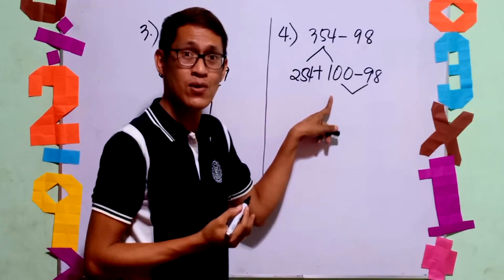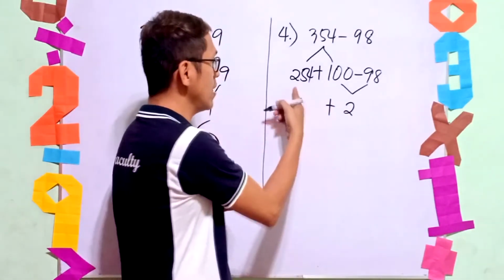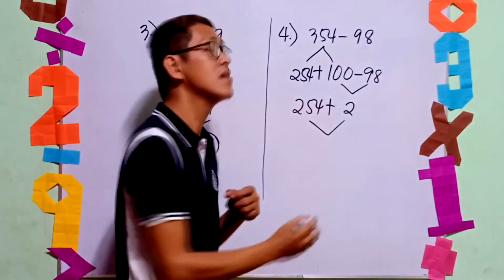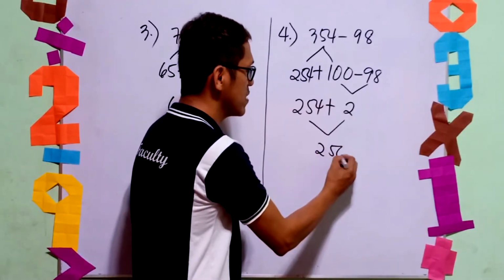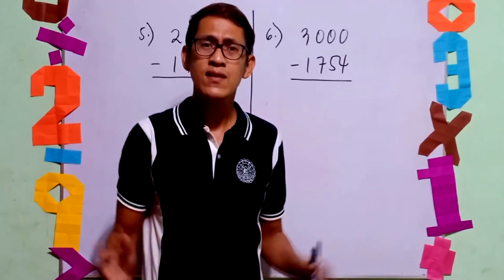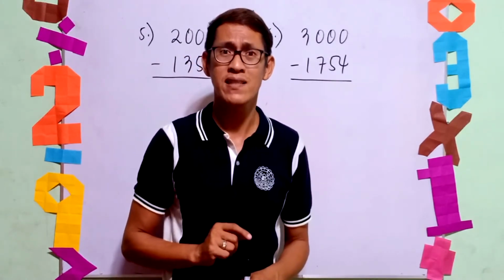And that will give you 2. So it's easy for now to get the answer. 254 plus 2, that will give you 256. Correct. Easy?